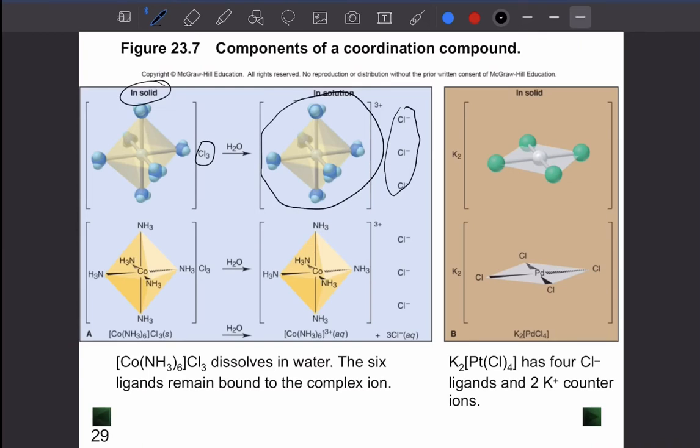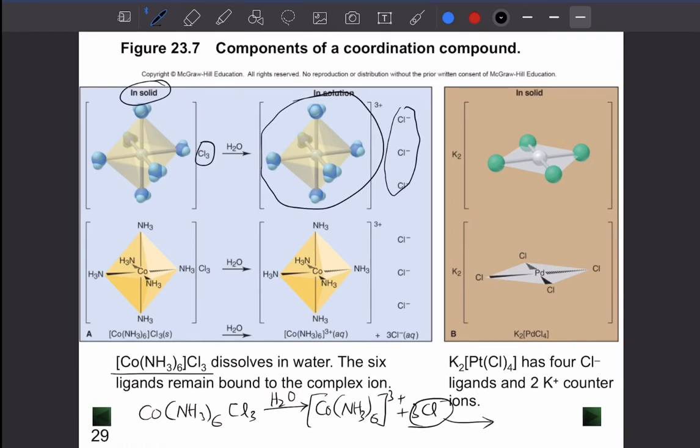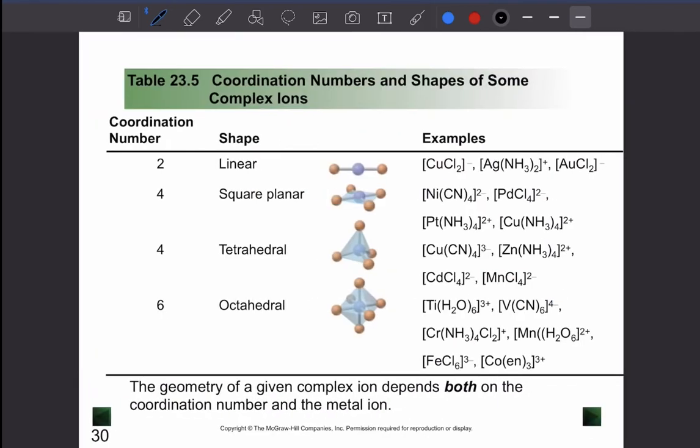For example, cobalt, CoNH3 taken 6 Cl3. When you dissolve it in water, it forms CoNH3 taken 6, 3 plus and 3 Cl minus. So the 3 Cl minus becomes the simple ion. This compound is the complex ion.